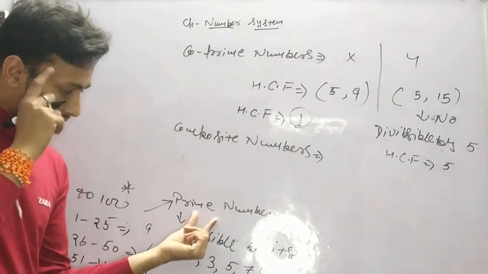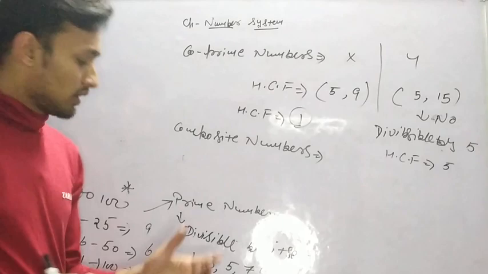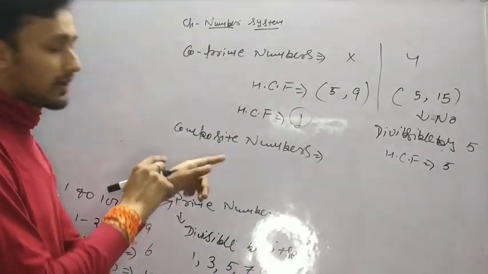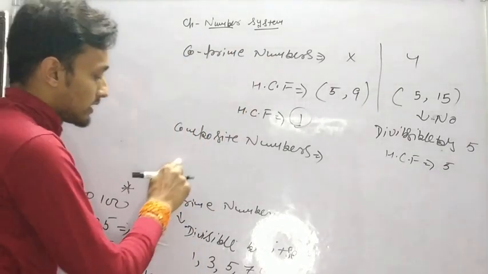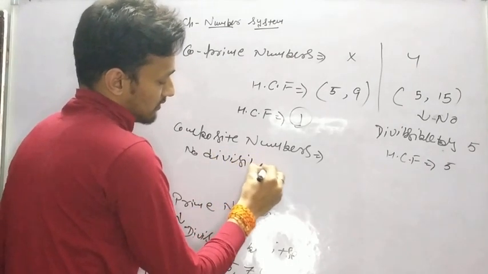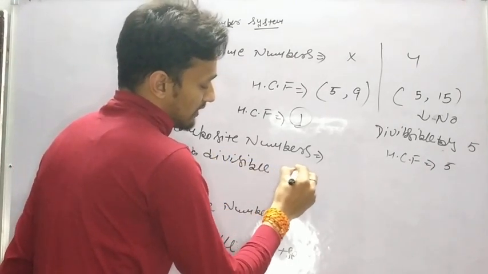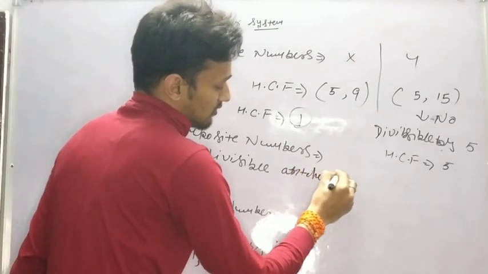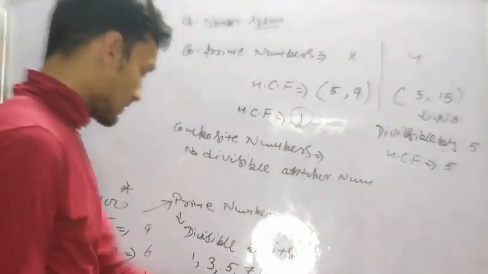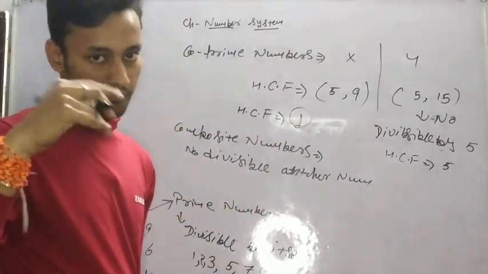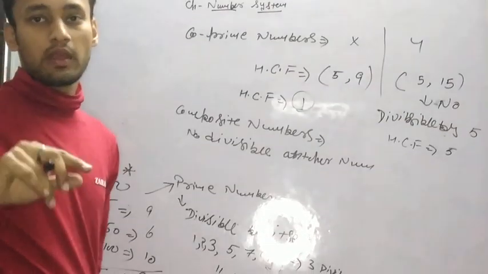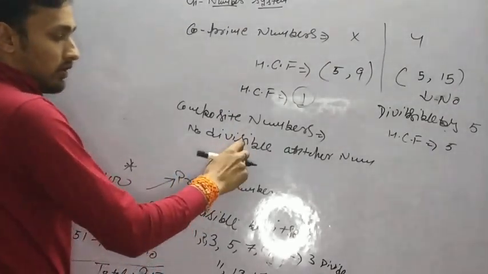When we are clear with prime numbers, that a prime number is divisible by itself only, composite numbers are the opposite: the numbers which can be divided by other numbers. Those are called composite numbers.